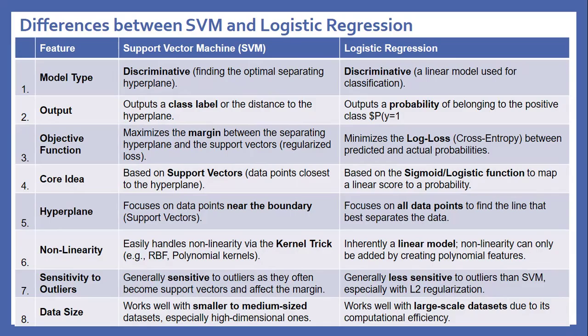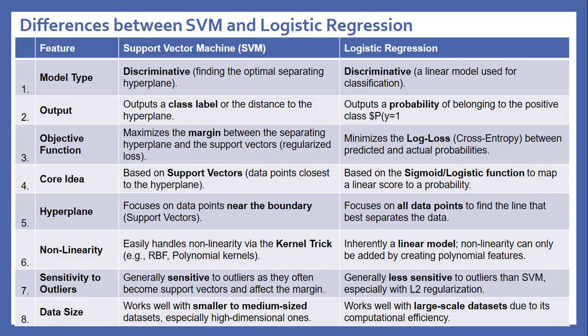Objective function: SVM maximizes the margin between the separating hyperplane and the support vectors, with a regularized loss. Logistic regression minimizes the log loss, or cross entropy, between predicted and actual probabilities. Core idea: SVM is based on support vectors, the data points closest to the hyperplane.